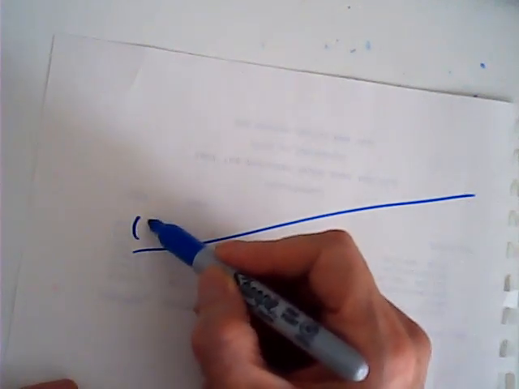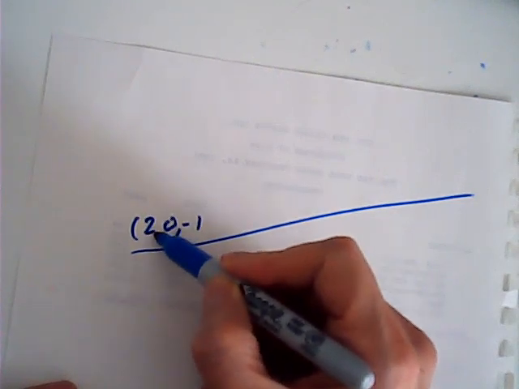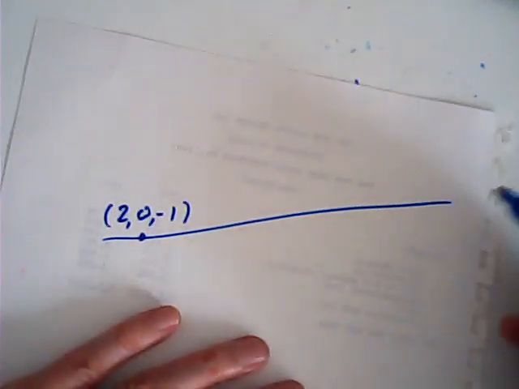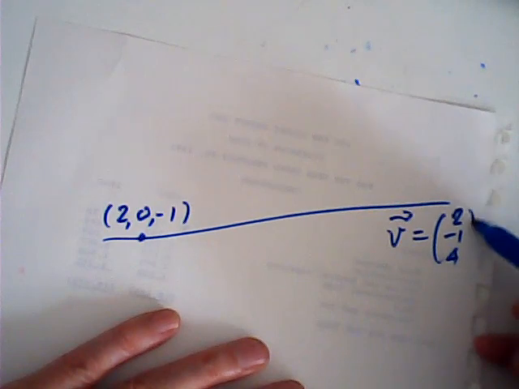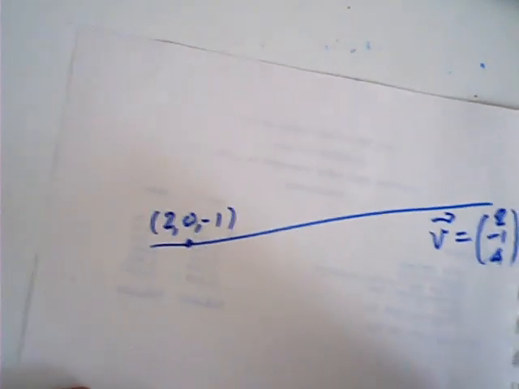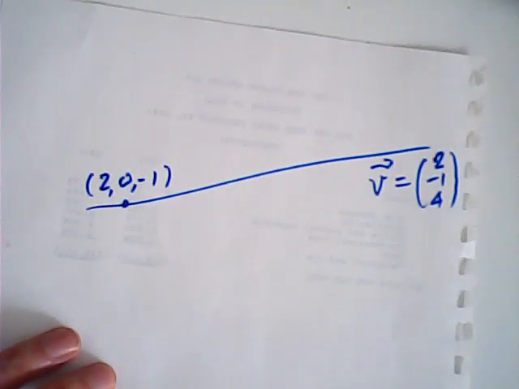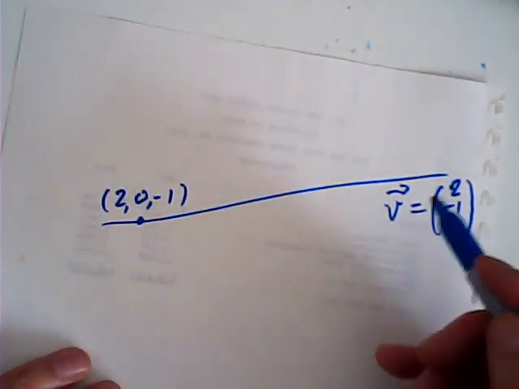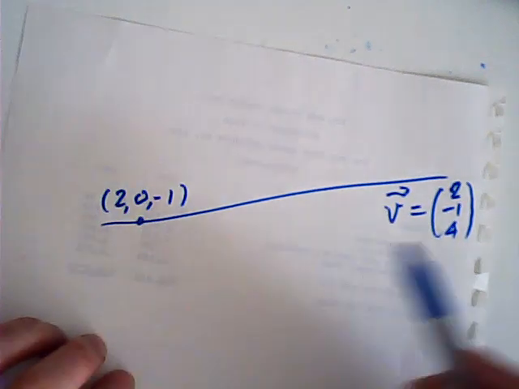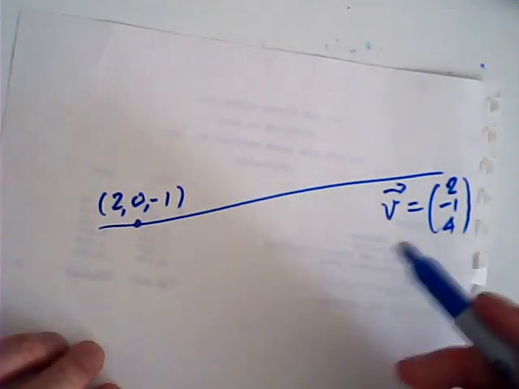Okay, let's change the question. You have a straight line passing through the point (2, 0, -1), and you have a directional vector v equal to (2, -1, 4). For a straight line in three-dimensional space, as long as you have a point and a directional vector, you have a line.